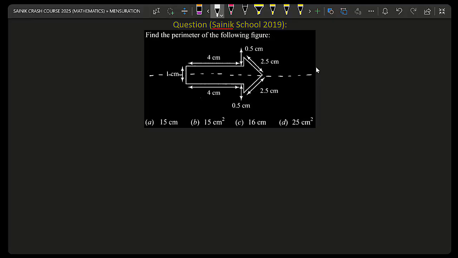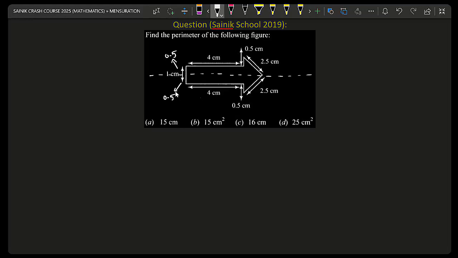Yes, sir. But here 1 centimeter is there. I want to have only half of that. Sir, 0.5. Yes, this point is going to be 0.5 and this part is going to be 0.5. Next. Sir, 0.5 plus 4 is equals to 4.5.